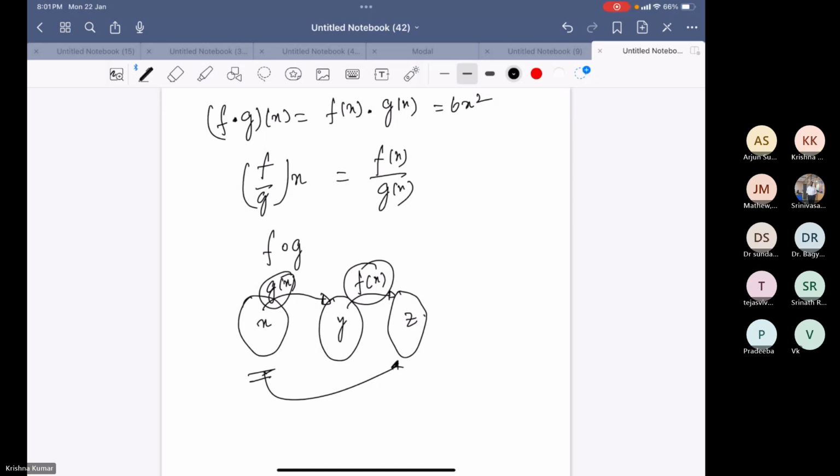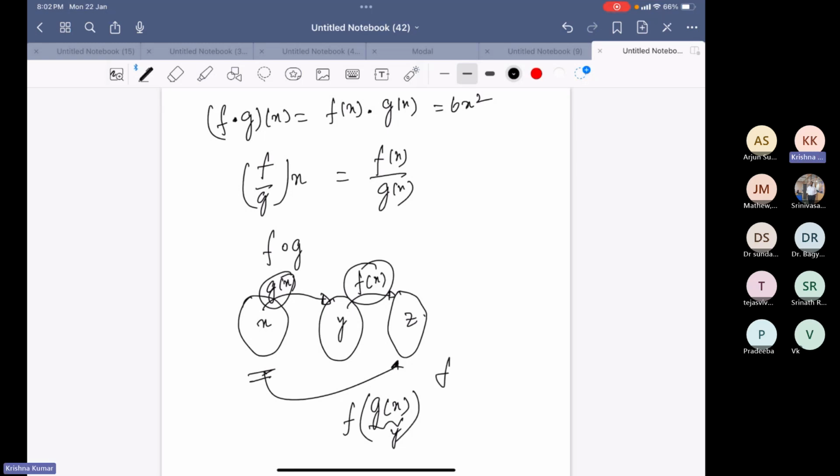So in other words, it's a composite function. What I do is first I operate on x using the function g. Then on that result, which happens to be y, I operate another function, f.